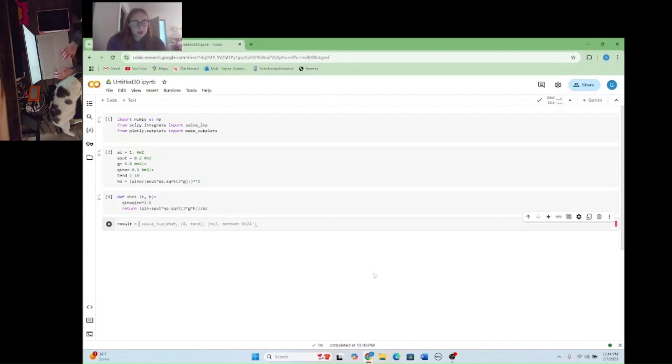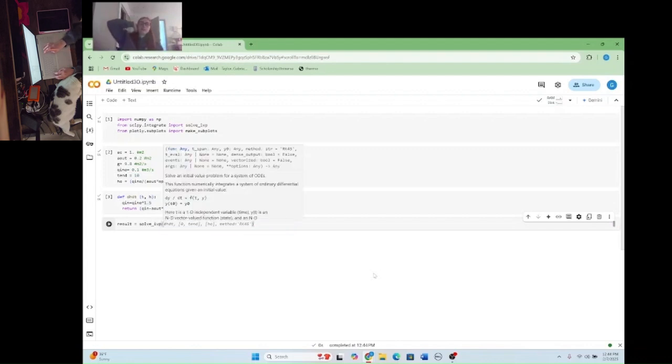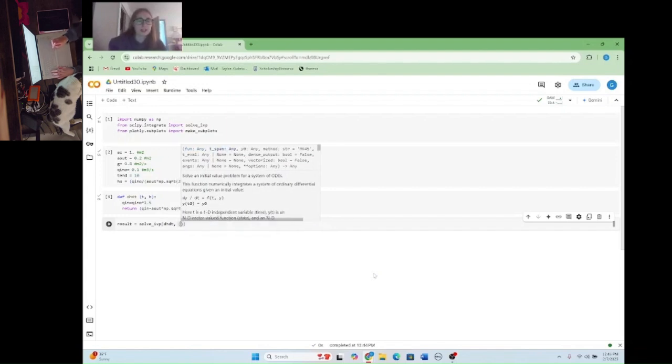Okay, so what we're going to do next is we're going to do our solve IVP function, right? The first thing they want is the function that we have. And then they want us to do a time scale. So our time scale is going to go from 0 to Tn, right?